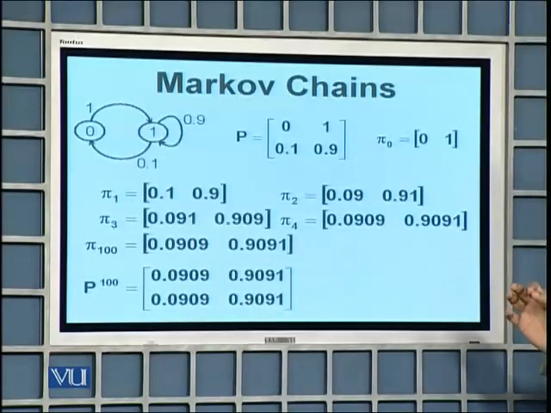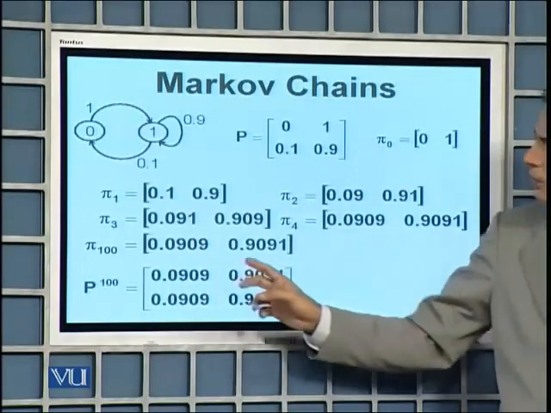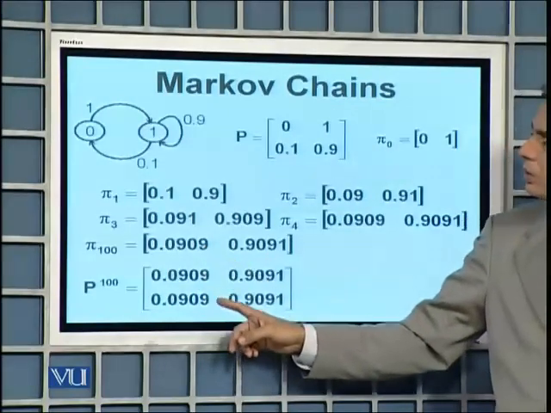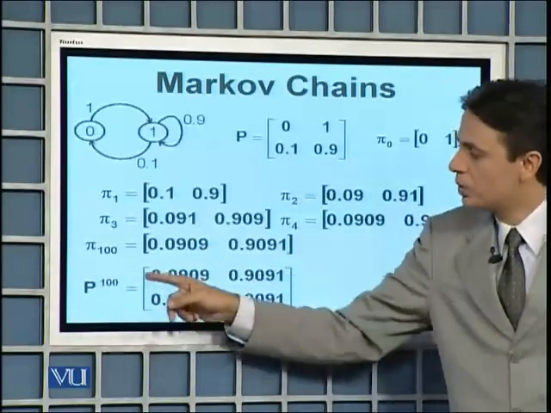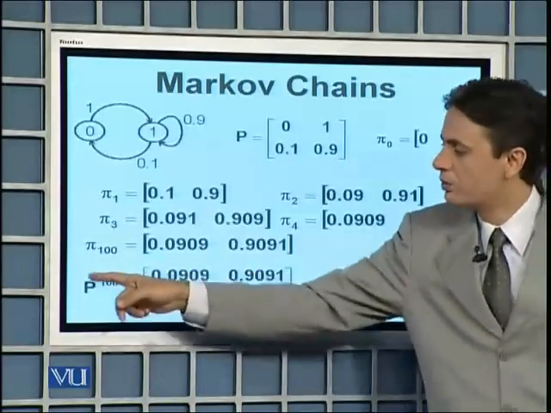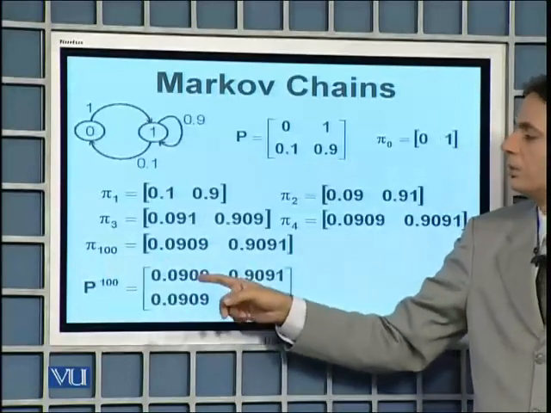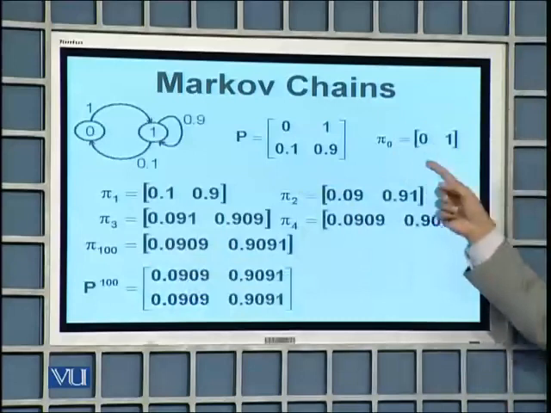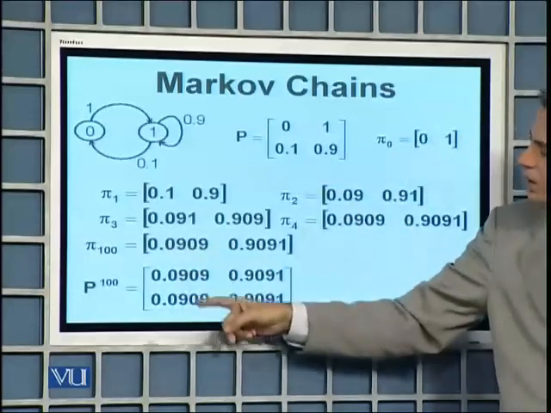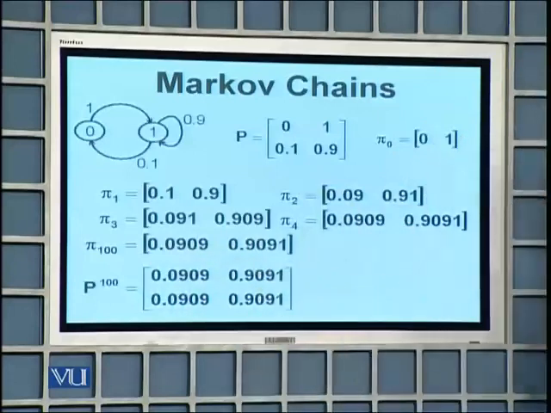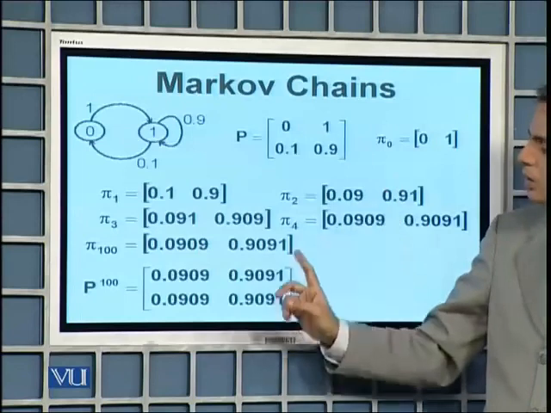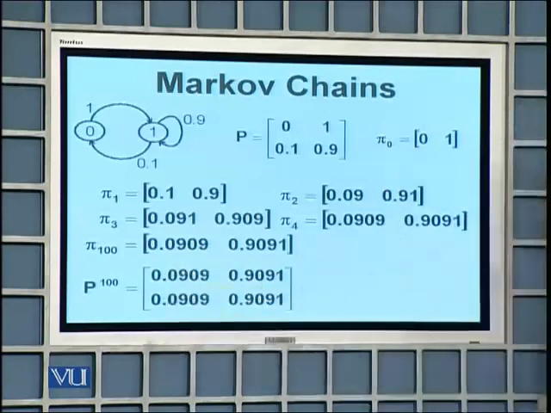Now look, if you want to find the probability distribution on 100th day, you will put your initial distribution vector here and multiply it with this column. So this row will get multiplied with this column to give you value of probability of this Markov chain being in state 0 on 100th day.